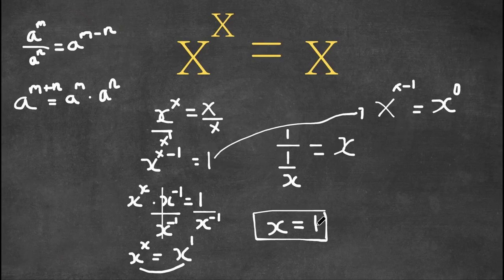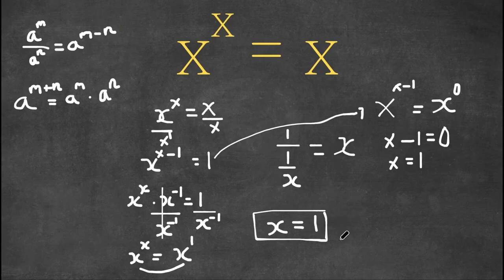Now, we're going to do the same thing as before. We're going to set our exponents equal to each other. So we set x minus 1 equals 0, and if we add 1 on both sides, we get x equals 1. So this is another way of doing it. And actually, we have our solution as x equals 1.